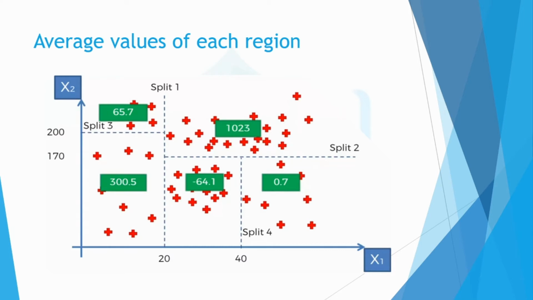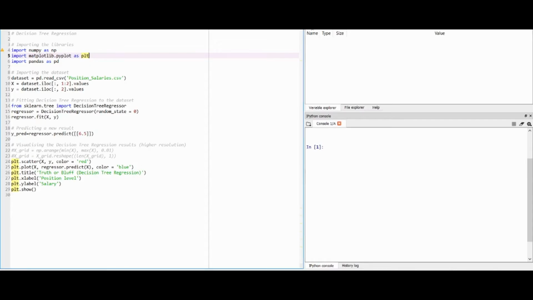Now let's move to the implementation part of the decision tree algorithm. As always, the first step is importing the libraries: NumPy, Matplotlib, and Pandas. After that, we import our dataset using pd.read_csv, and the name of our dataset is position_salaries.